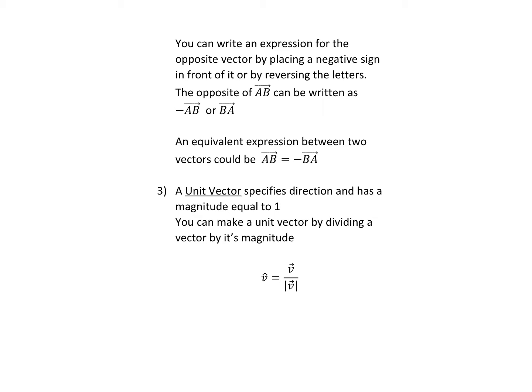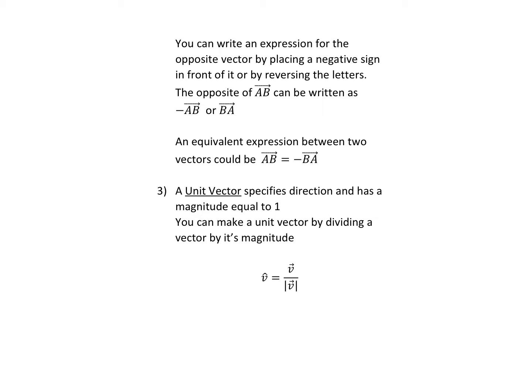A unit vector specifies direction and it has a magnitude equal to 1. We will look at unit vectors in greater detail in units 3 and 4. But just as an introduction, think of it like a unit price. Let's say you go to the grocery store and buy a package of juice boxes, maybe there are 8 in a package.